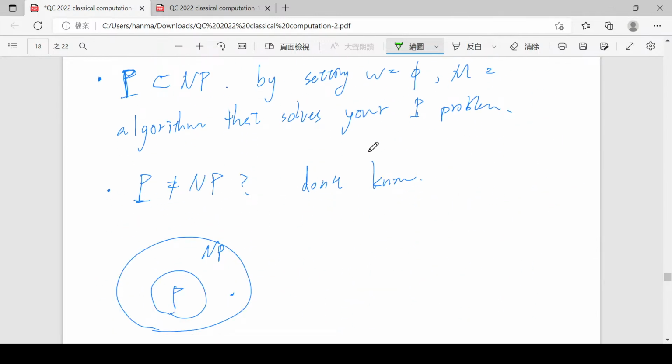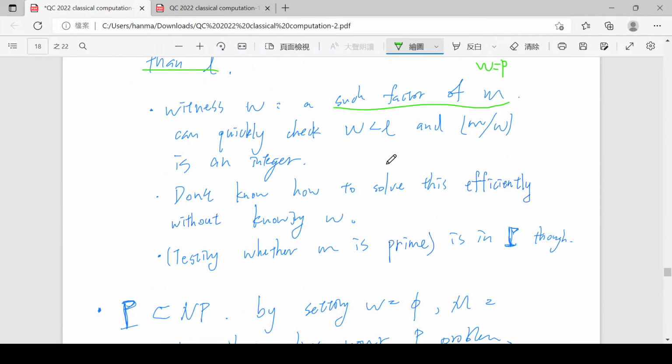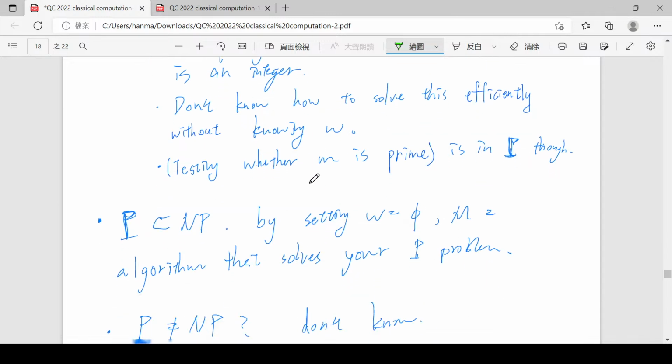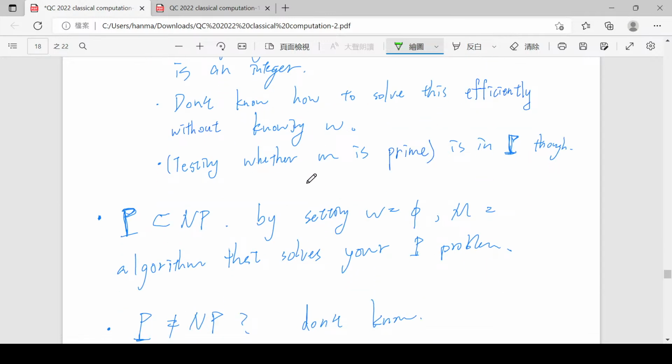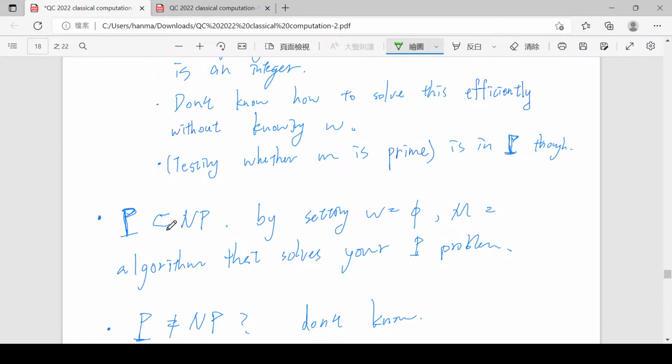Okay. So now we start to talk about the relation between complexity classes. And this is kind of what complexity theorists do. So obviously P is in NP. Here we study the relationship between P and NP.